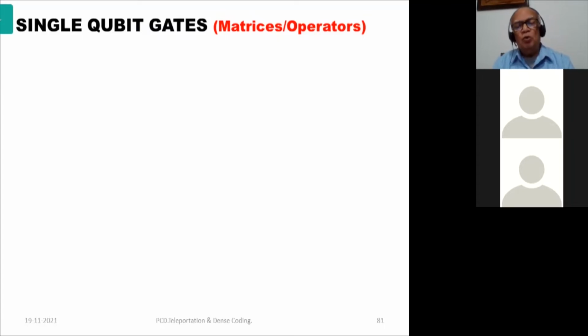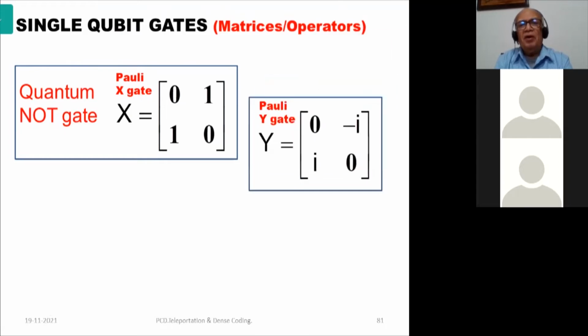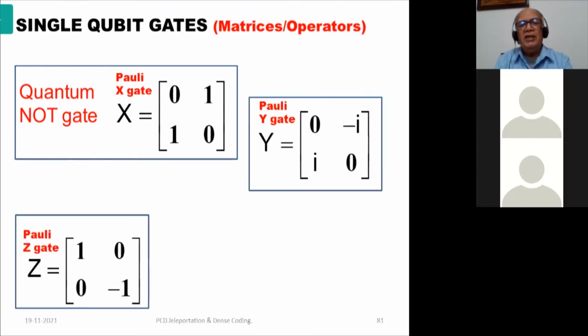So Alice is going to do some single qubit gate operation. And you remember the single qubit gates. These are represented by various matrices. The Pauli NOT gate or the Pauli X gate, the Pauli Y gate and the Pauli Z gate.